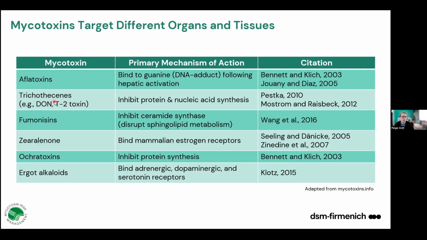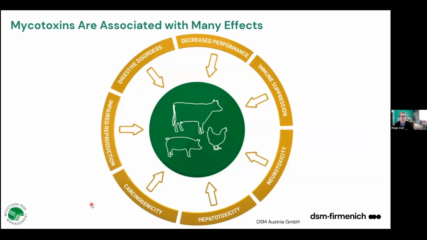There's a lot of potential negative consequences, but generally when we look at mycotoxins, we think of them having negative impacts on the gastrointestinal tract. That's really the first line of defense and the first area of exposure to the toxins as they're ingested in the feed. So a lot of GI issues are thought of when it comes to mycotoxins.